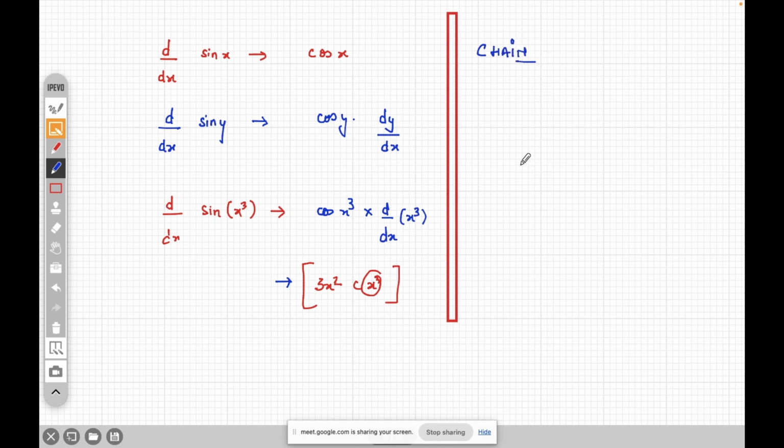Chain rule says we will keep on differentiating the function till the smallest unit of the function. Understood? Yes, sir. Clear?